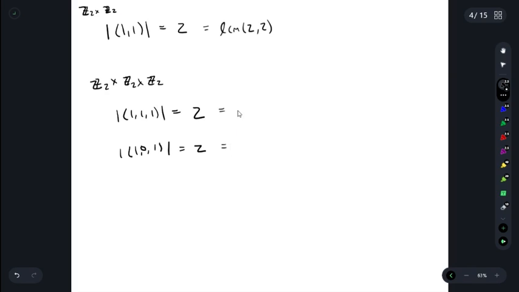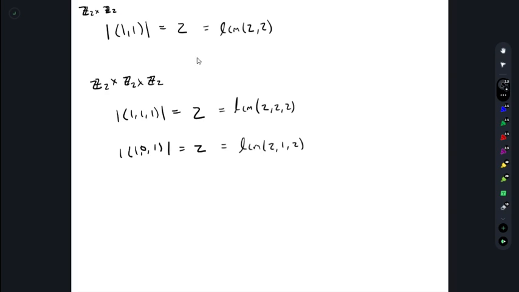For (1, 1, 1), we had order 2, order 2, order 2, so that was just 2. And for (1, 0, 1), 1 has order 2, 0 has order 1, and 1 has order 2. The least common multiple of those numbers is still just 2.